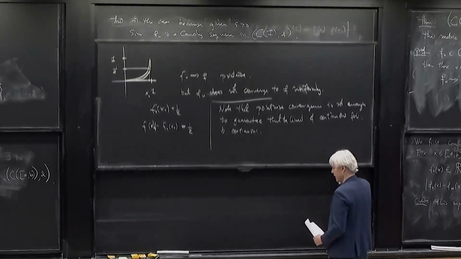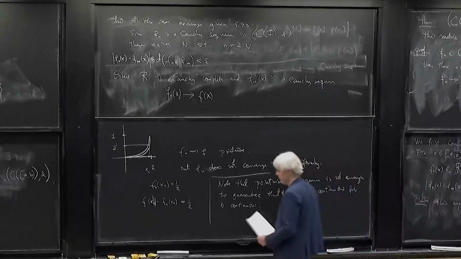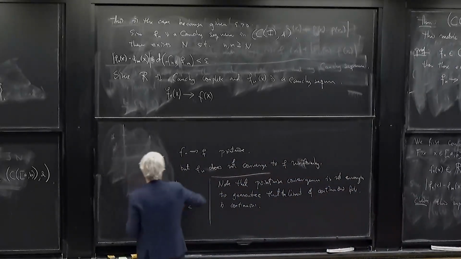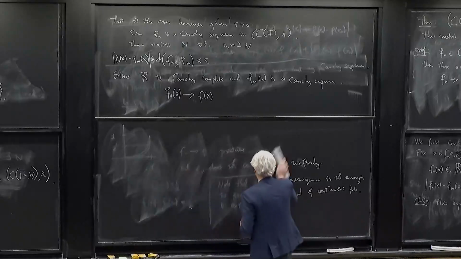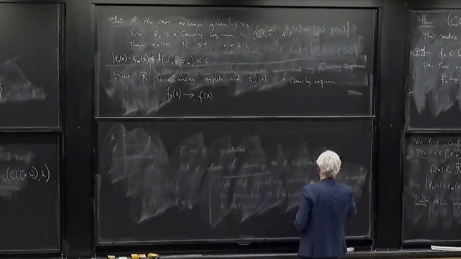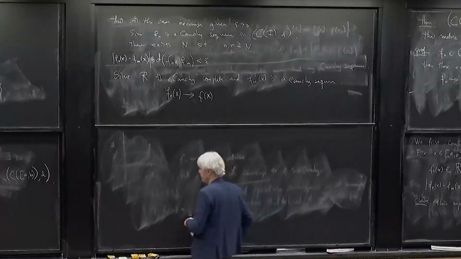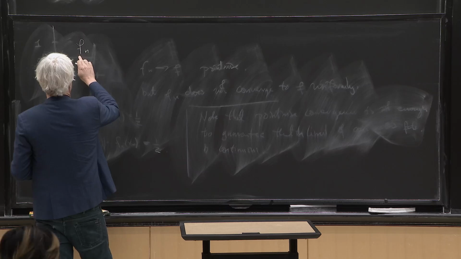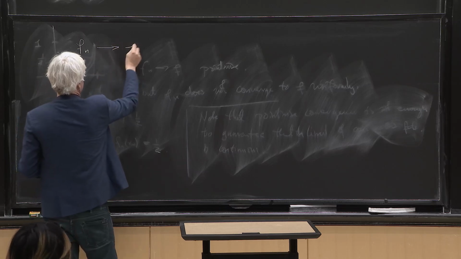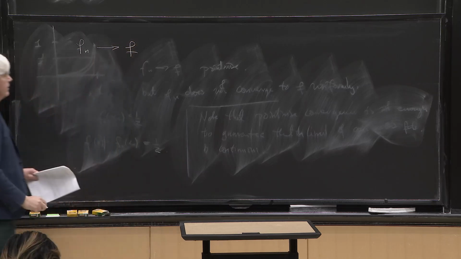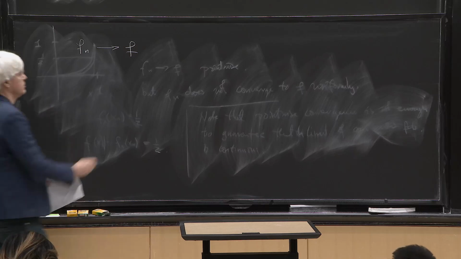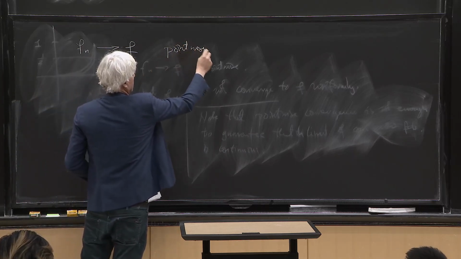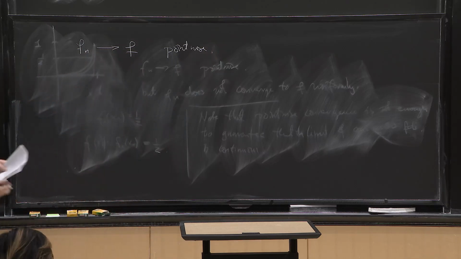Okay, so now we have a candidate. What we have proven is that this sequence is converging to some function f. The convergence is just pointwise, and we don't know whether this function is continuous or not.